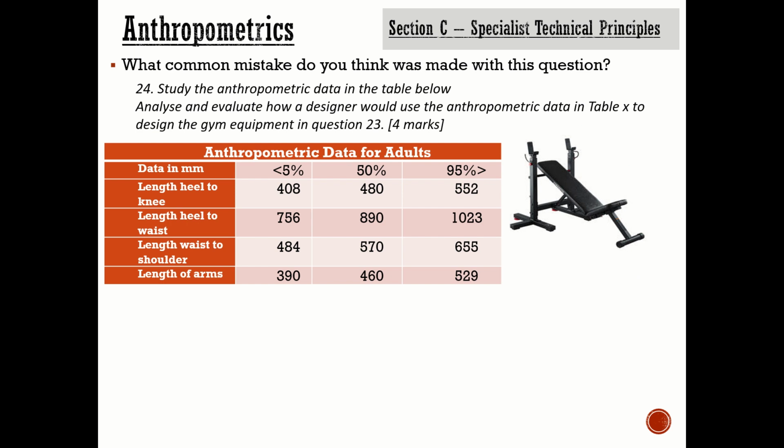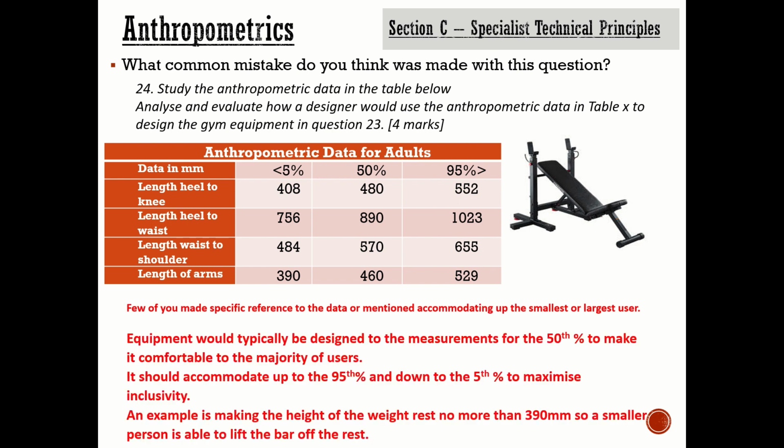When it came to anthropometrics, many of you did a pretty good job of saying how it caters for the majority of people, but for the marks, you really need to refer to the data itself. So make it really explicit the numbers you're talking about. Some general points: equipment could typically be designed to the measurements of the 50th percentile to make it comfortable for the majority of users, but you should accommodate up to the 95th, the biggest people in society, and down to the 5th percentile.